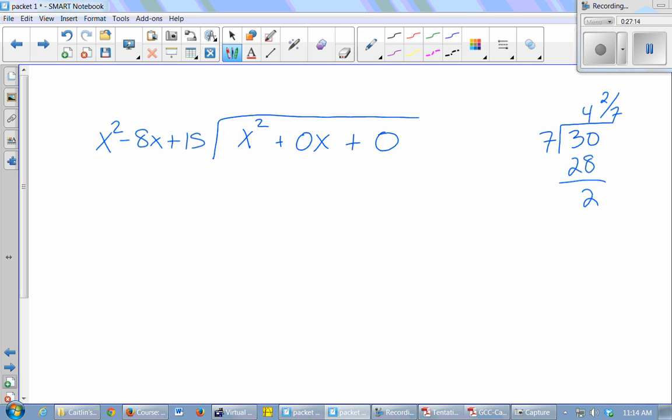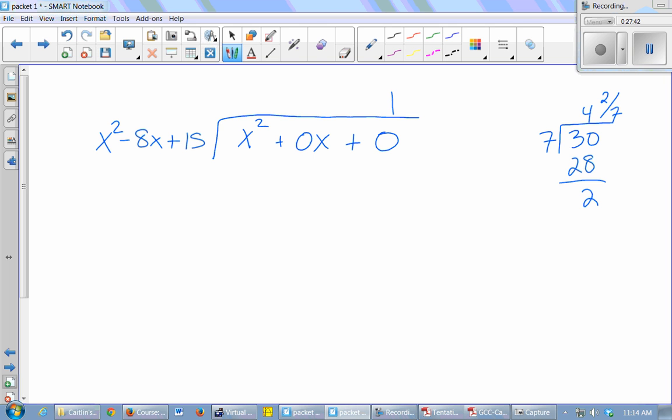When I did this, 7 goes into 30, really what I was asking myself is what do I multiply 7 by to make 30, right? So I'm going to look at just my leading terms here, and I say, what do you multiply x squared by to make x squared? 1. That's just a constant, so I put it over the constant term. Like when I did 7 times what gives me 30, I said 4, and I put it over the ones place, because it was just a plain old 4.